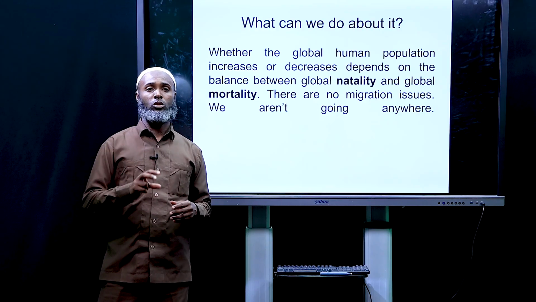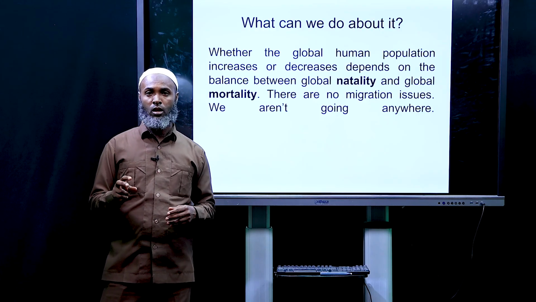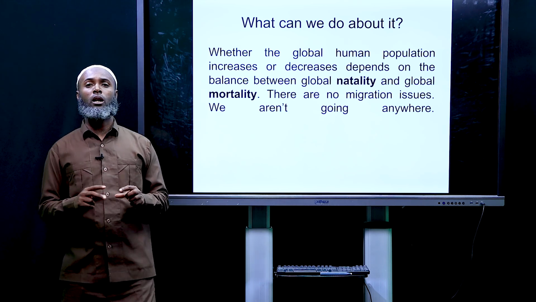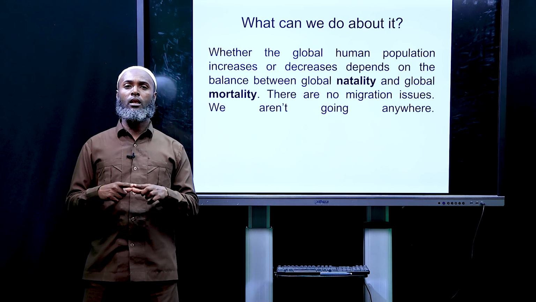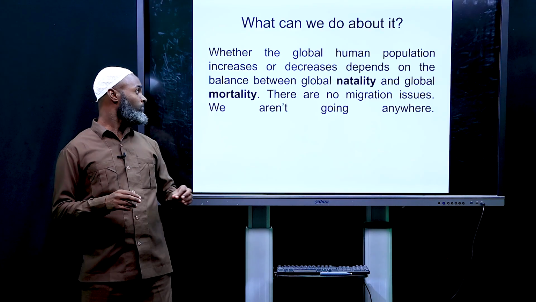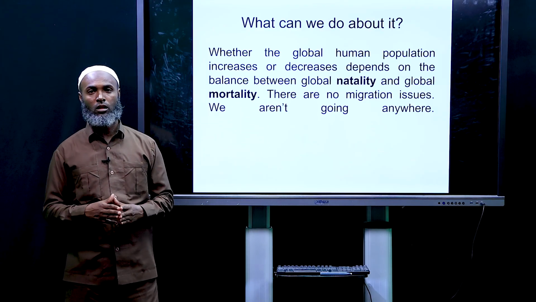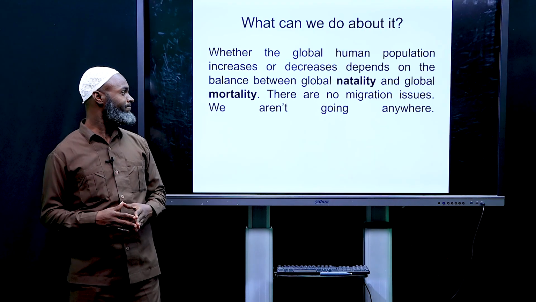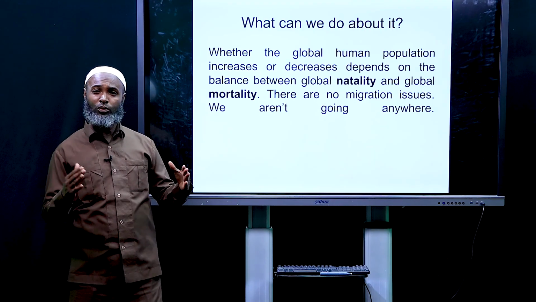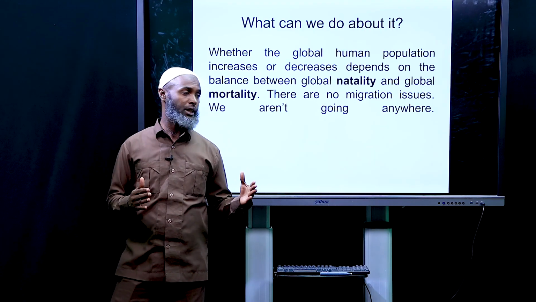Natality and mortality are 2 of them. There should always be a balance between birth rate and death rate, and natality and mortality should be balanced globally. The other 2 factors are emigration and immigration.